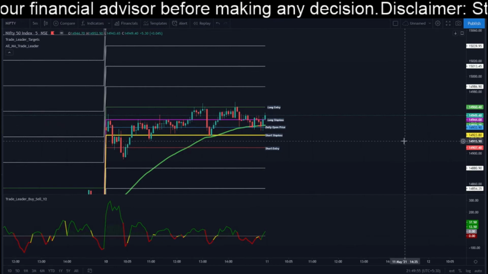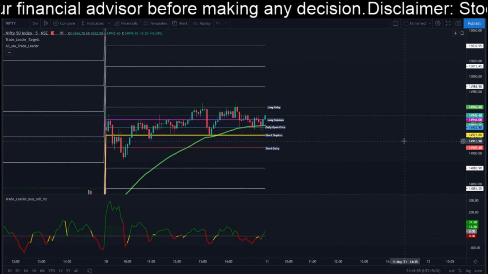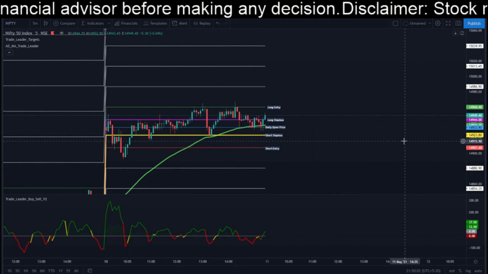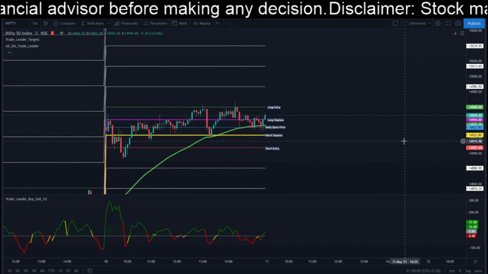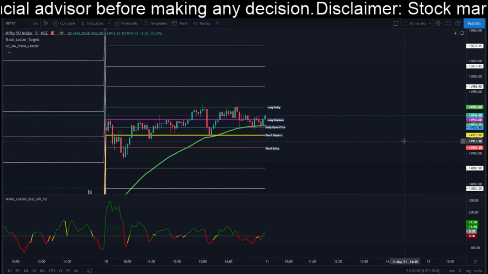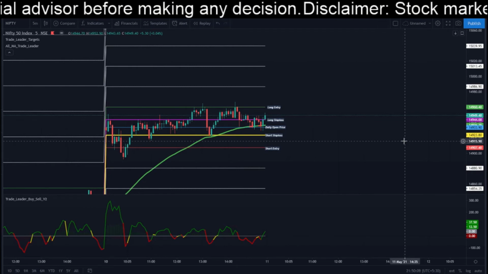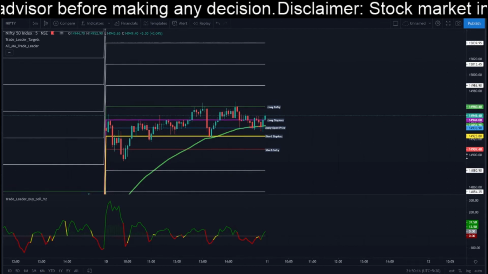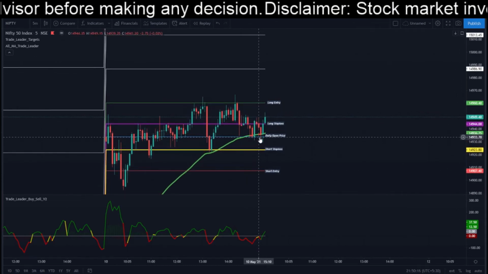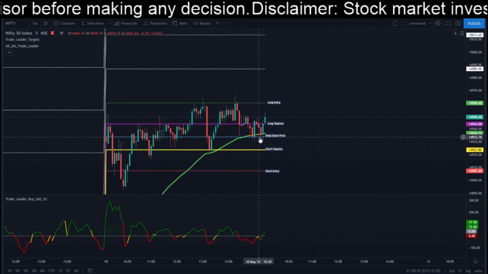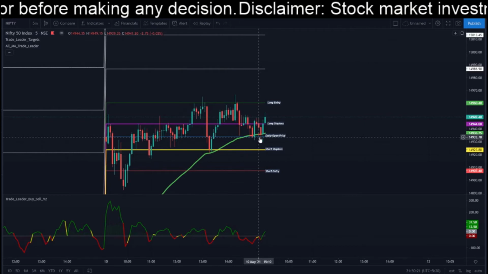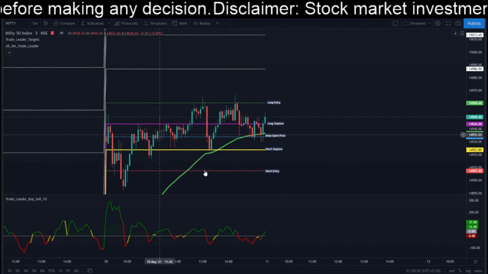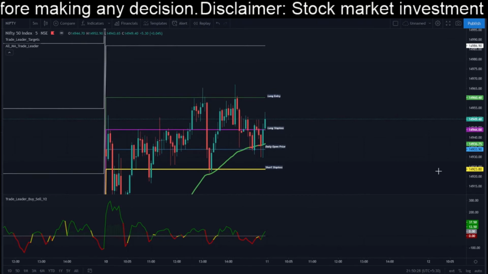My intention of giving these levels, especially for the new traders, is because if you are not sure where to exit, if you don't plan the exit of your trade, definitely you will be in trouble. So before taking any trade, plan where to exit. Especially in this range, if you are entering, every single line is your target.